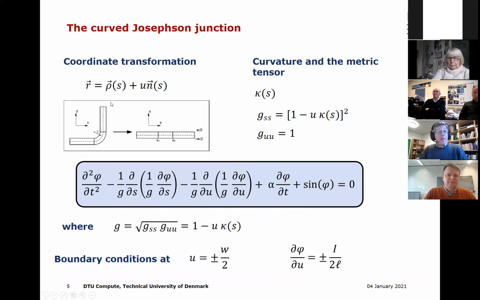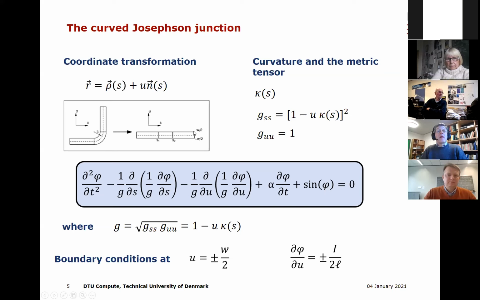So what we did was we changed the coordinate system. Instead of Cartesian or rectangular coordinates, we went to a coordinate system expressed by S, where S is the position along the bent Josephson junction, and u is the coordinate perpendicular to the center line.